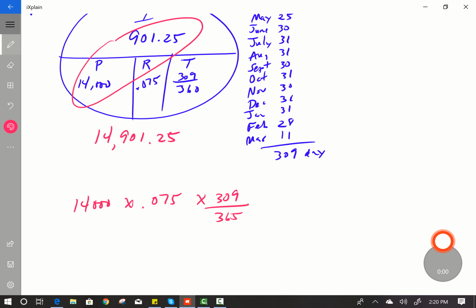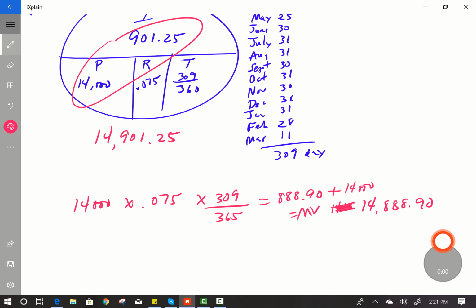And that will equal interest of $888.90. And then add that back to the principal of 14,000. That equals the maturity value of 14,888.90.